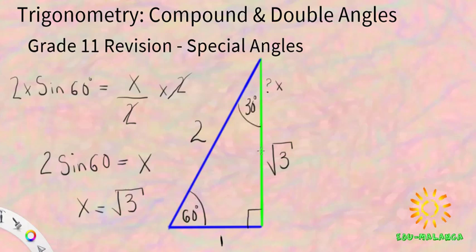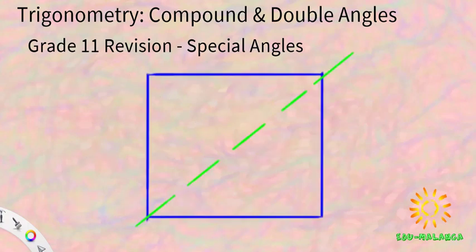Let's look at the next triangle now. This one is going to have us covered on 45 degrees. So what we have now is a square, and our square has 1 unit length on all sides now. So 1, 1, 1, that's the unit length. And all the angles of the sides are obviously 90 degrees because we're looking at a square.